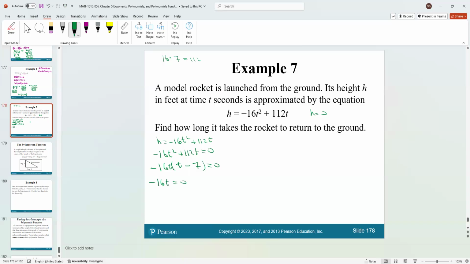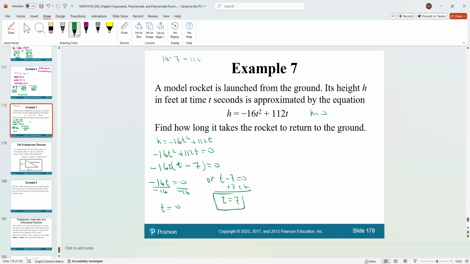So -16t equals 0. If you divide both sides by -16, t would be 0. Or if you do t minus 7 equal to 0, if you add 7 to both sides, you would end up with t equals 7.